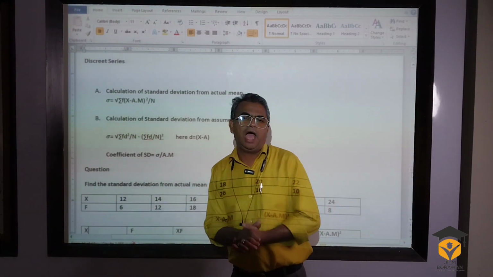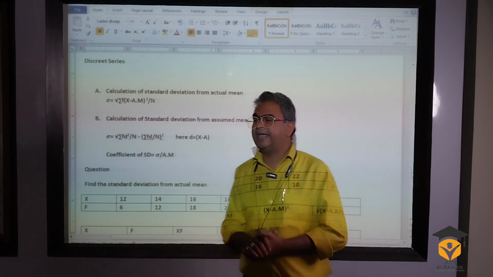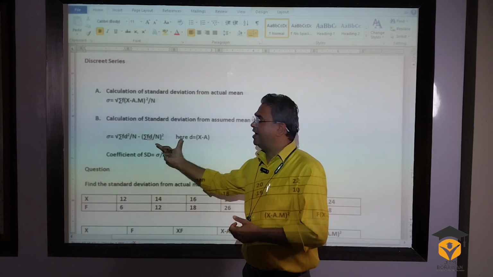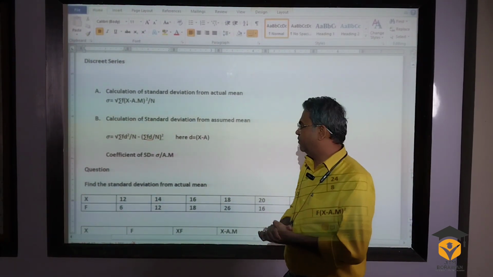Students, if your arithmetic mean is coming in decimals, then we can use the formula where we consider the assumed mean.